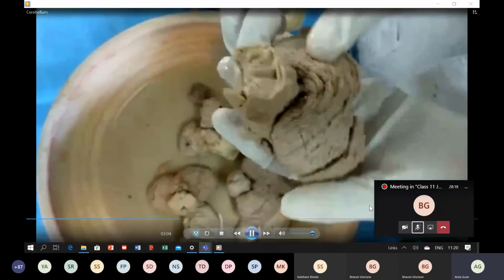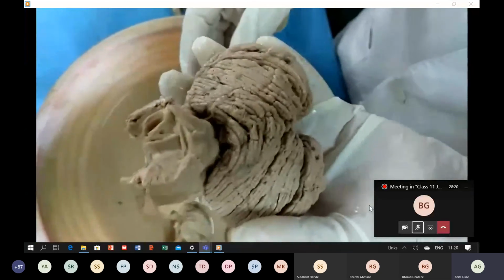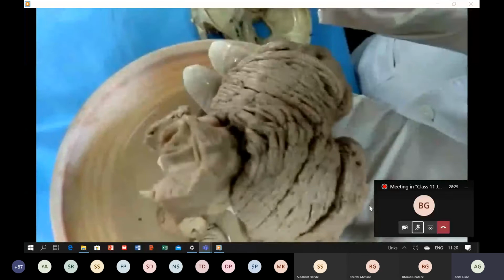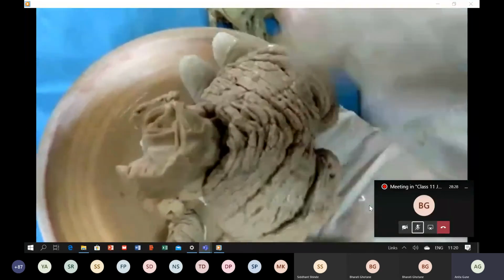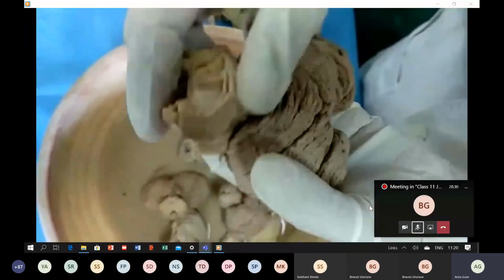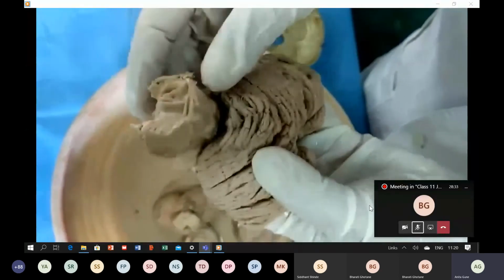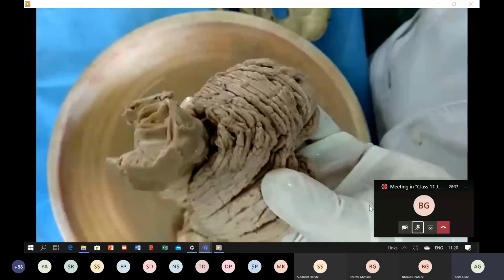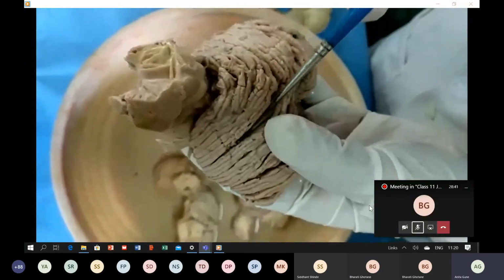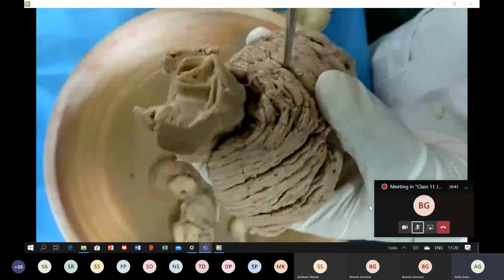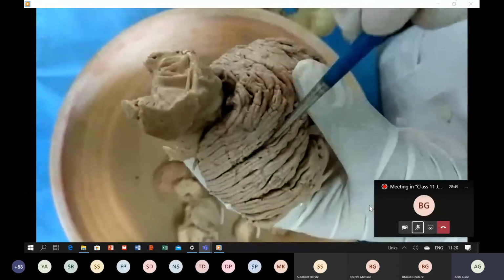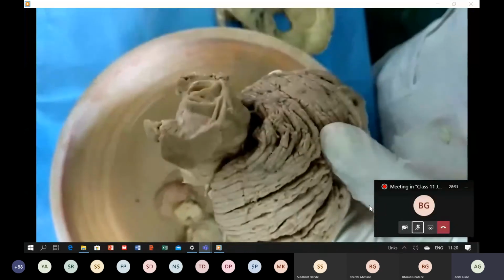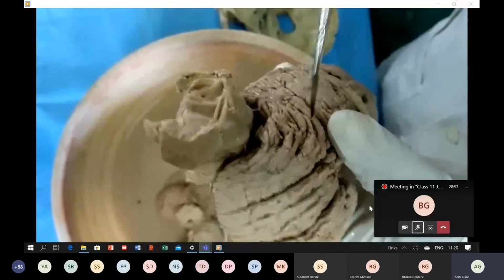Now we'll see the external features of the cerebellum. It is irregular in shape, having right and left lobes. First we'll see its fissures. It is very difficult to trace fissures because the cerebellum has many folds.